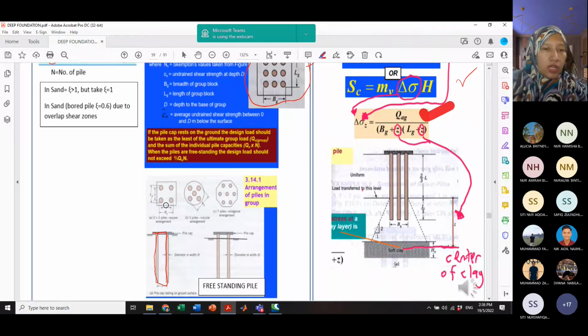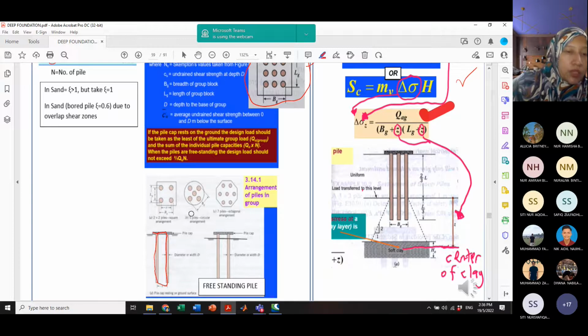Kalau you ada 4 piles, number of piles 4, so it is recommended to arrange in this positions lah. Kita ada dua, kemudian dua in first row, dua lagi in the second row. So kita akan pakai square pile cap.